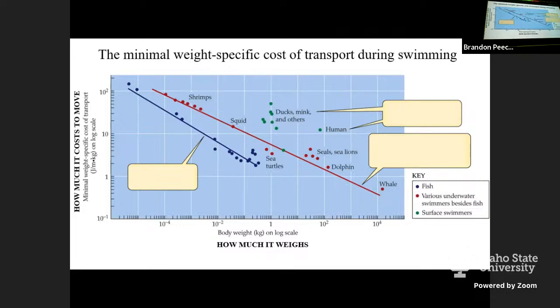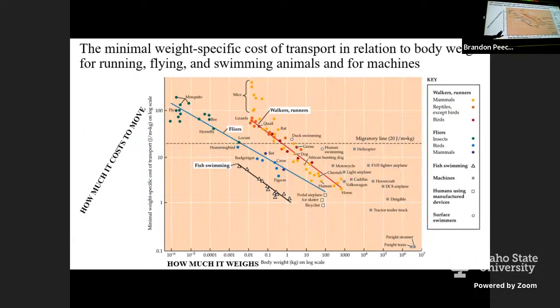So again, same relationship with size, and then that same idea that we saw: for a given weight, a swimmer is more efficient than a flyer, more efficient than a walker. I messed that up a second ago, but that's what it was. If you weigh 1 kilogram, the cost of movement for swimming is lowest, and you have to be adapted to do these things. It's not just choosing one or the other.